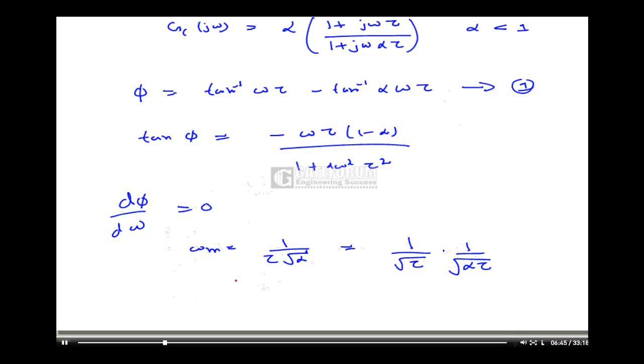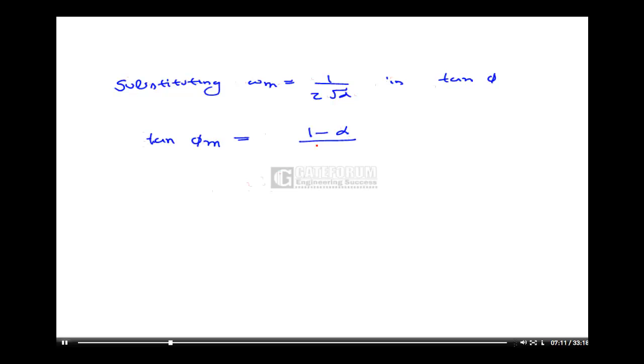Now we find the phase at omega equal to omega m. Substituting omega m equal to 1 by tau root alpha in tan phi, I get tan phi m equal to (1 minus alpha) upon 2 root alpha. Or sine phi m, a much simpler expression, is (1 minus alpha) upon (1 plus alpha).